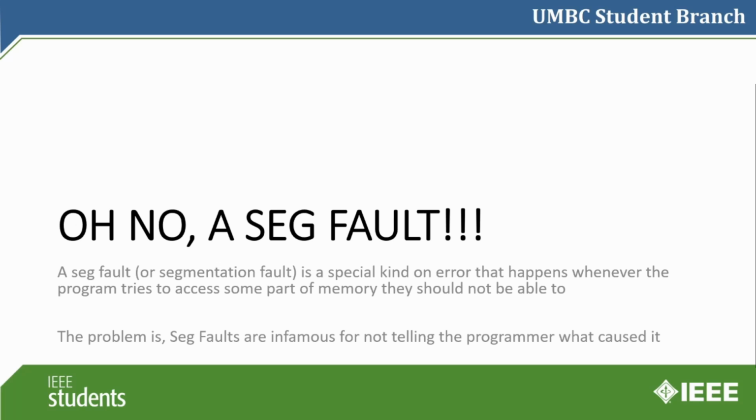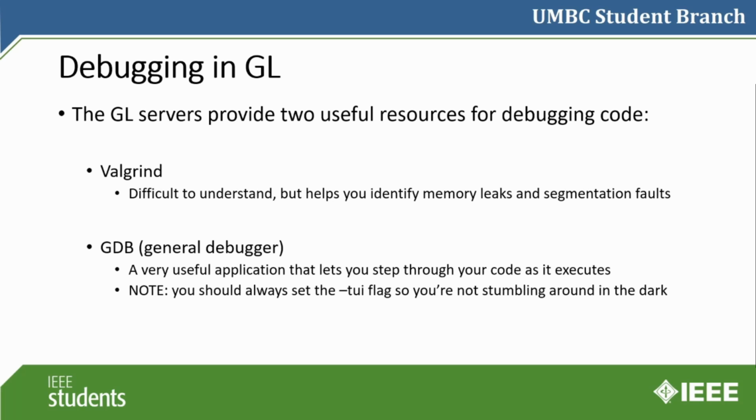However, there are some tools available to us on the GL server that help us figure this information out. So for our debugging portion, we're going to be briefly covering how to use Valgrind and GDB, a general debugger. Valgrind is one of the best tools for trying to get some information on seg faults, though even then it's a little hard to understand at times.